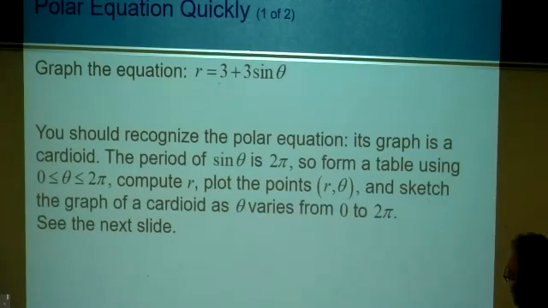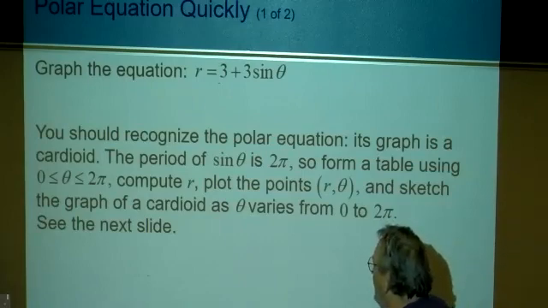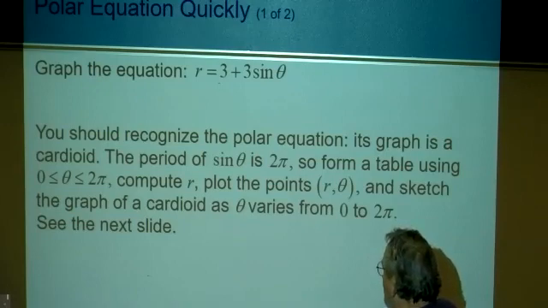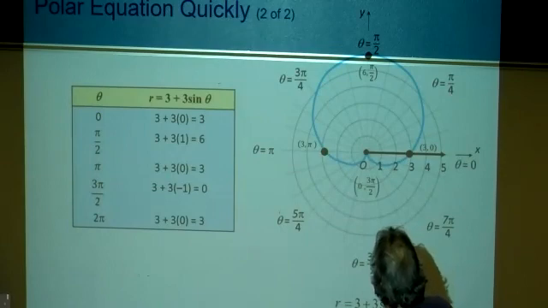You should recognize this polar equation as the graph of a cardioid. The period of sine is 2 pi. So you form a table using, well, they used all the positive angles, but oh, they didn't even look at all the angles, did they?